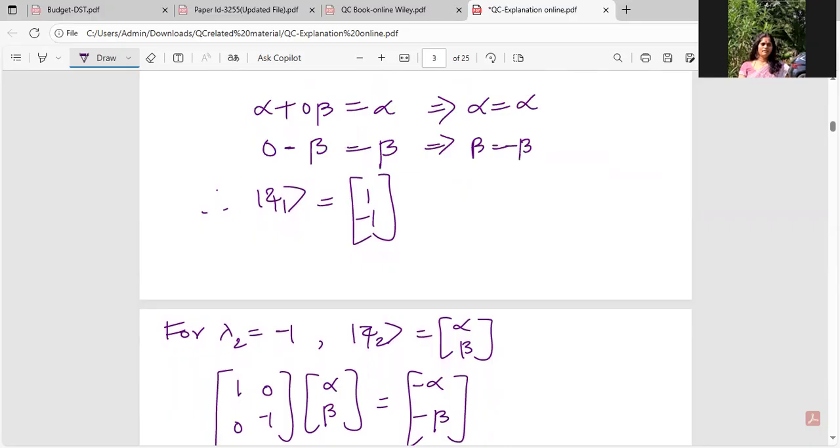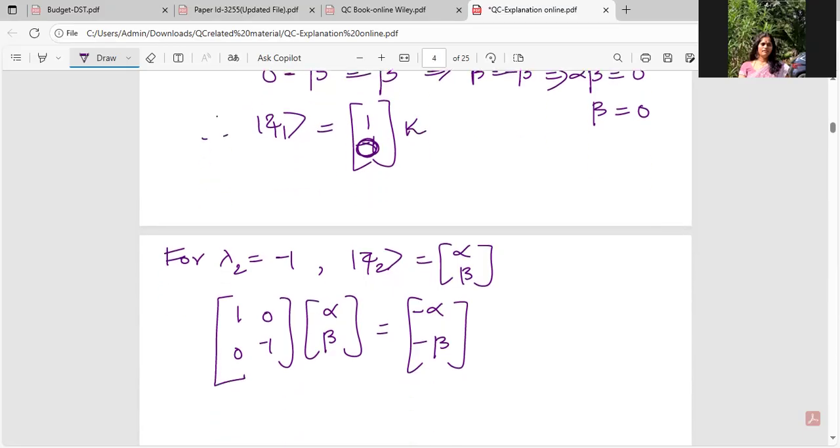Here, if I add beta on both sides, then 2 beta is equal to 0. So beta is equal to 0. Alpha is equal to alpha only, so let it be some k. So 1, 0, times k can be my eigenvector.